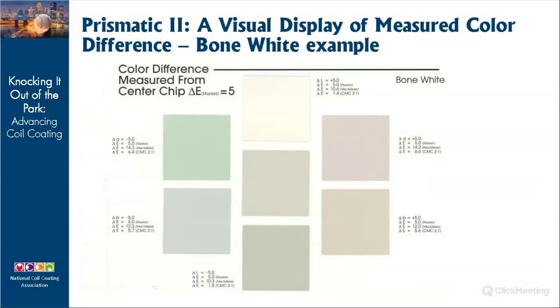As we take a closer look, it's a little bit of an eye chart, but 5 units of color difference for each of the swatches represents approximately 6 units in the CMC color space. I'll talk a little bit about that in a couple of slides and how important that is.